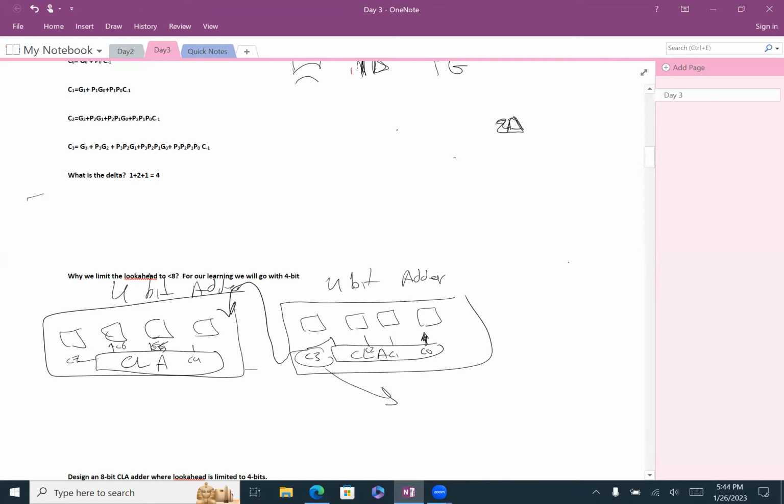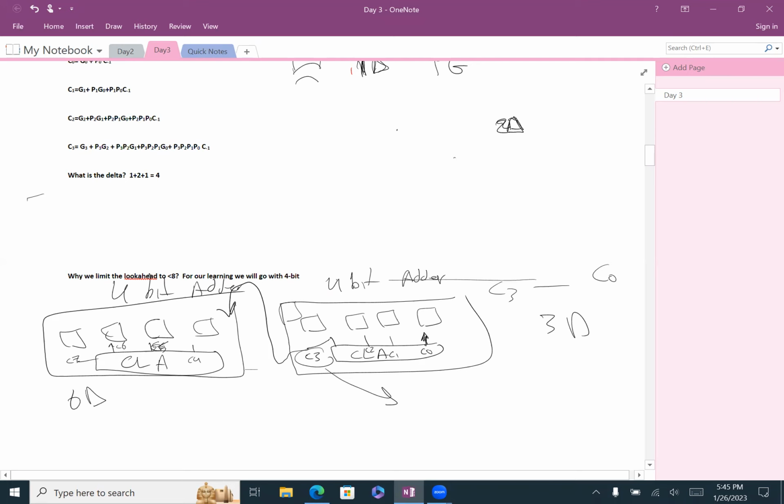Because remember, all the C's, C0 up to C3, we will have them at the same time after 3 delta. We don't have to wait for the sum here. Remember, there is 1 delta for the sum. We don't have to wait for that. So you will have C3. Then it's going to go here. How long is it going to take to get C7? Another 3. So you will have 6 delta, correct?